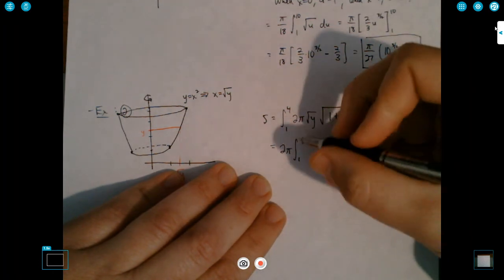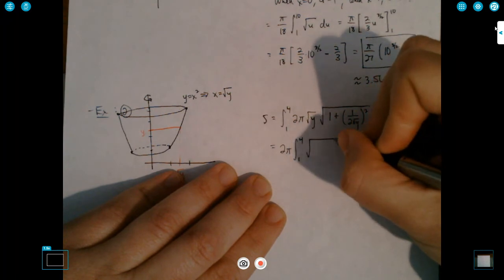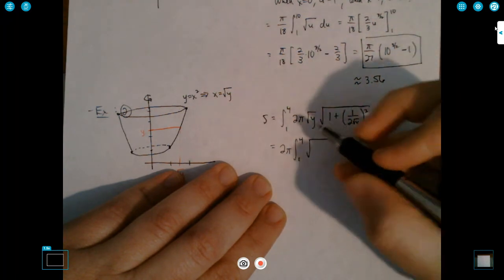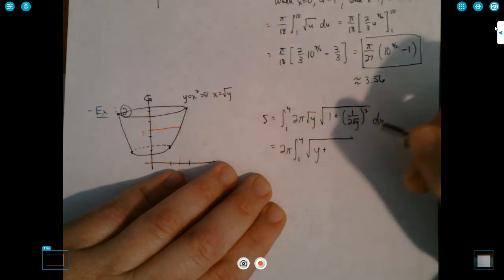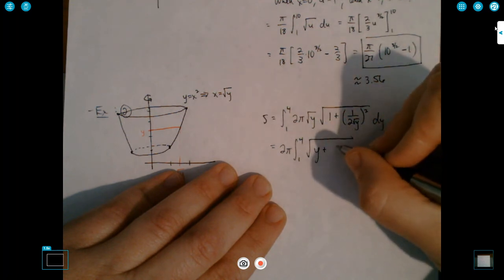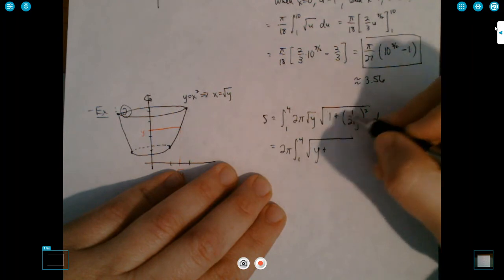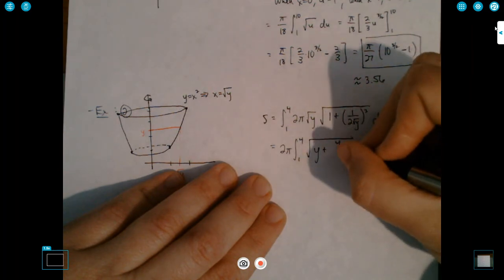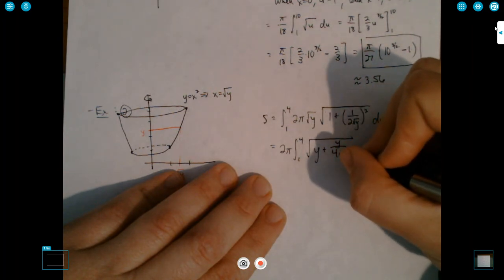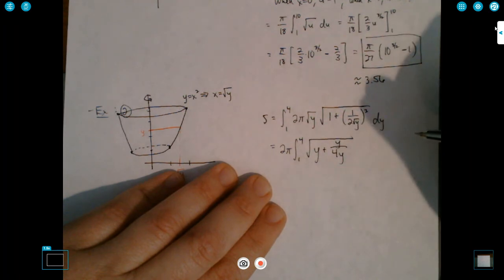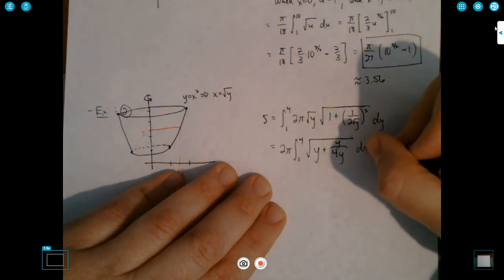Okay. So this is going to be the square root of, now if I move this y in, I'm going to get y plus 1 over 4 times y. Then when I multiply it by the other y, I'm going to get y over 4 times y dy.